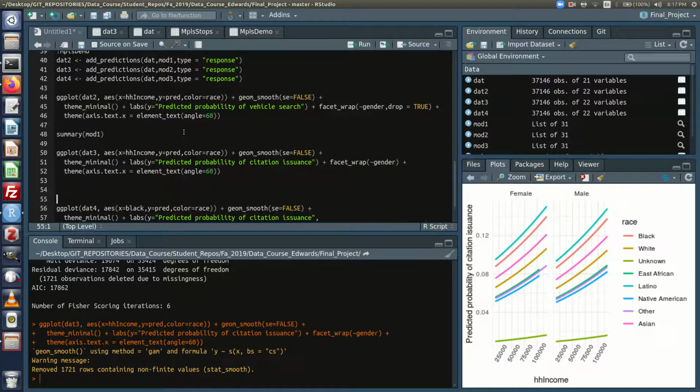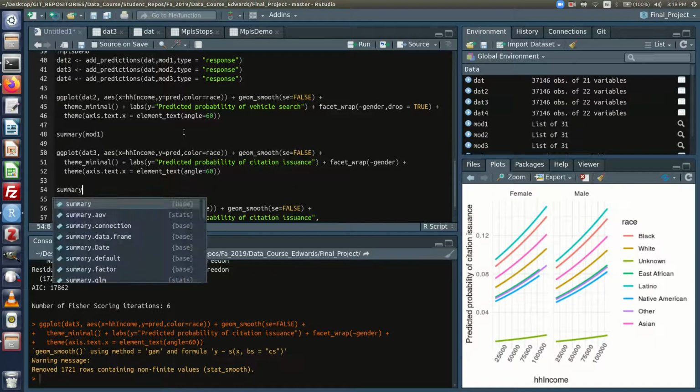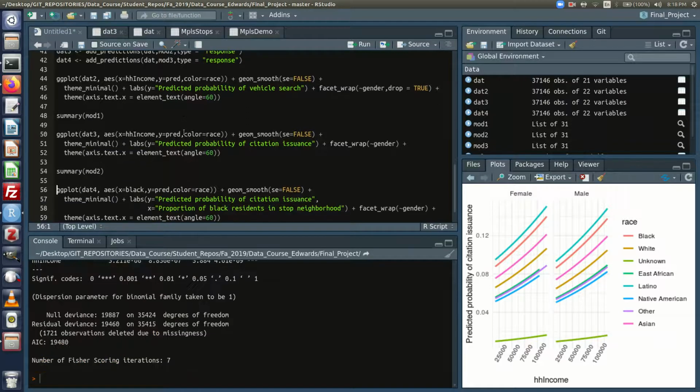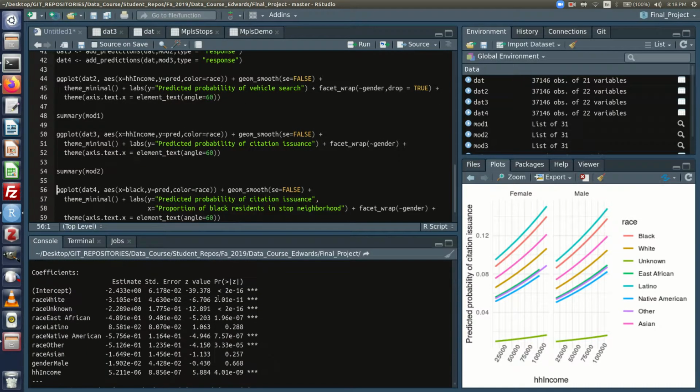Let's look at that model summary. And that was mod 2. So, yeah, there you have it. There's Latino. Looks like an increase, but not significant. So this blue line and that red line are not significantly different from each other.